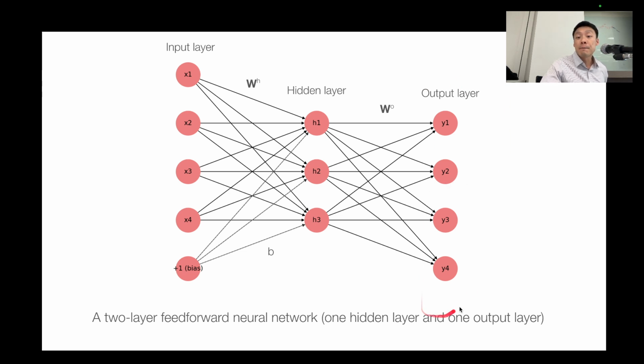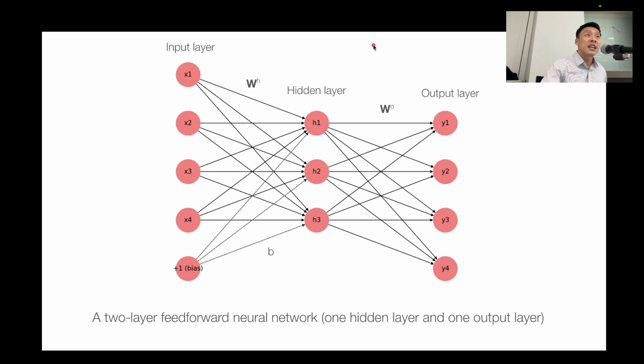So the output layer in this case would be the probability over each label in your classifier. In case there are 4 labels, then the output layer will have 4 units. And the input layers for NLP are usually embeddings. If your embedding has 4 dimensions, then the input layer will have 4 units plus the bias term.